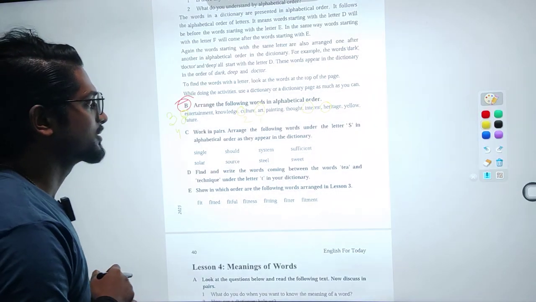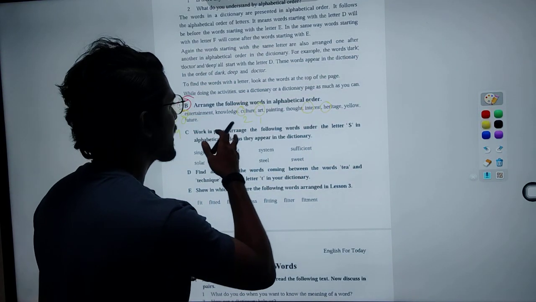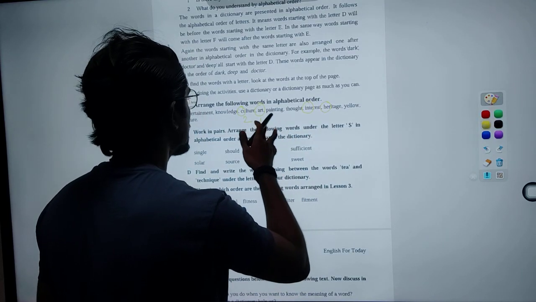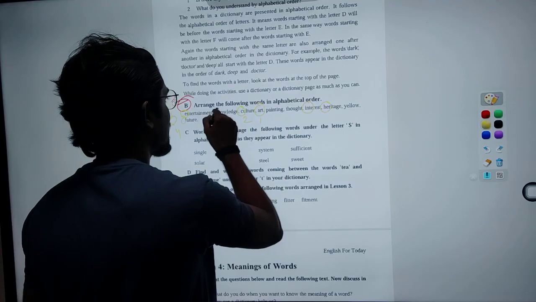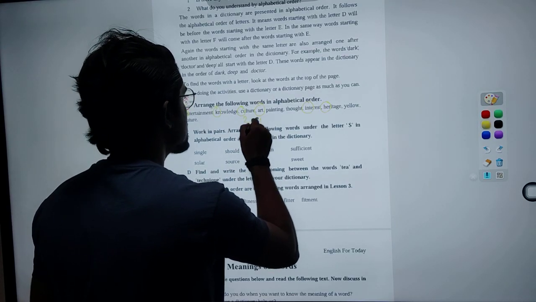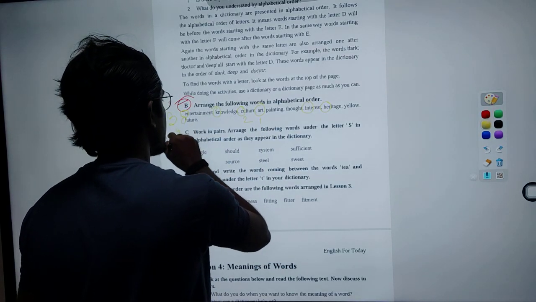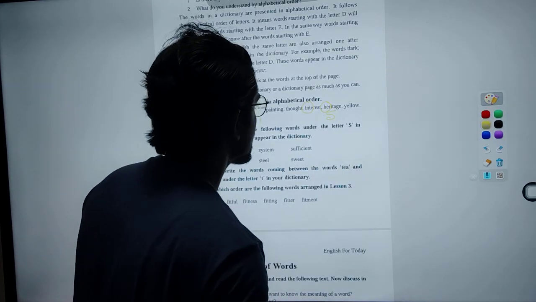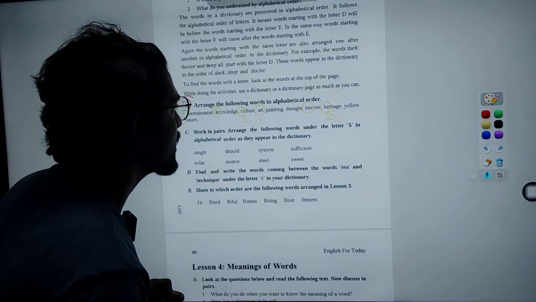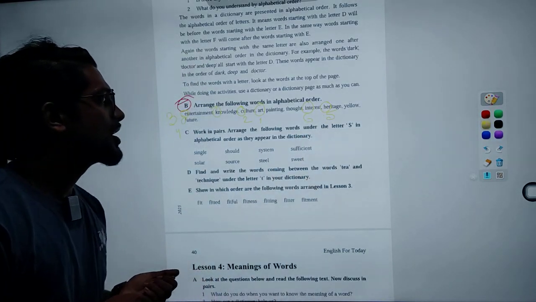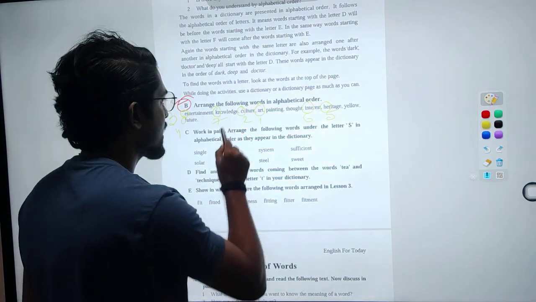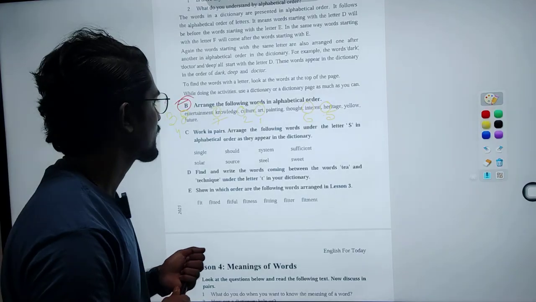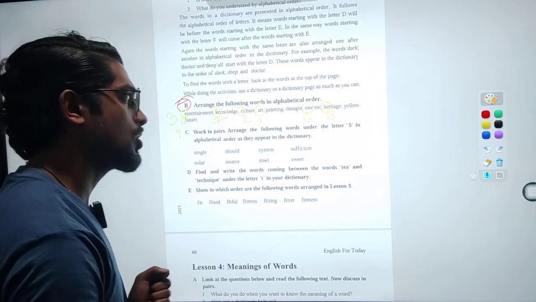Then J, K, L, M, O. We got K. So art, culture, entertainment, future, heritage, interest. Then there is no J, no K. We got K. Knowledge, L, no L, M, no M, O, no.